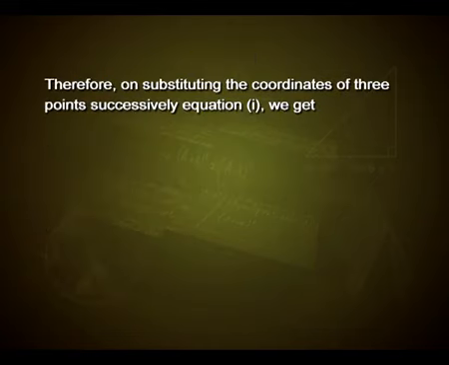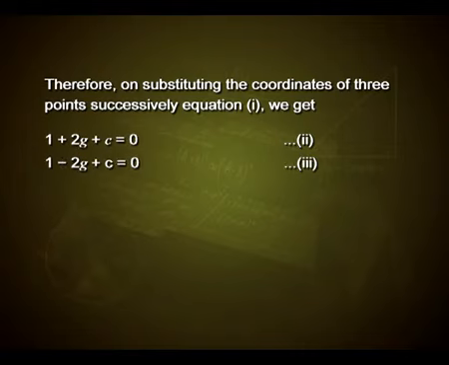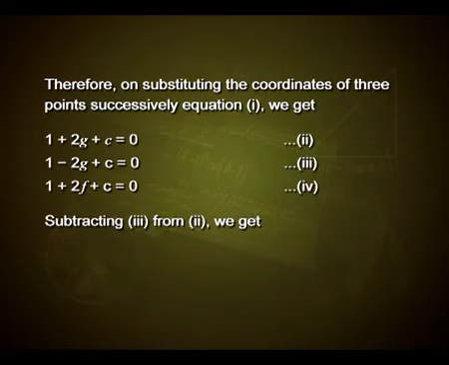Therefore, on substituting the coordinates of the 3 points successively in equation 1, we get 1 + 2g + c = 0 as second equation, 1 − 2g + c = 0 as third equation, 1 + 2f + c = 0 as fourth equation. On subtracting the third equation from second, we get 4g = 0, which implies g = 0.